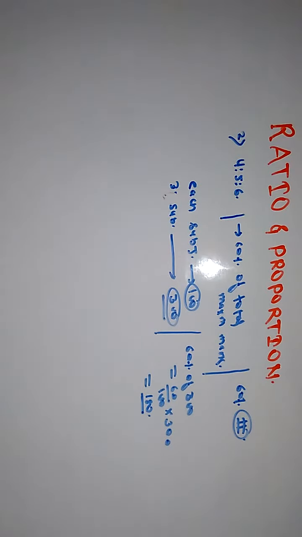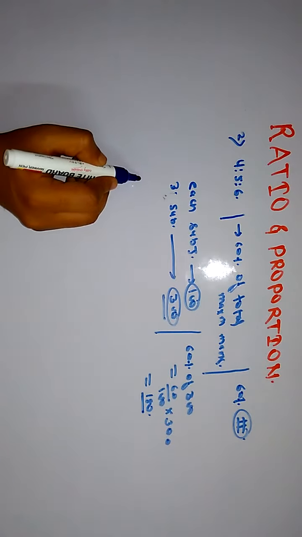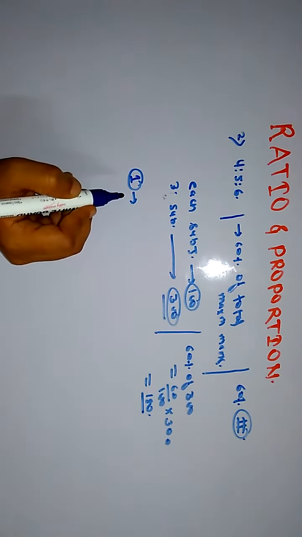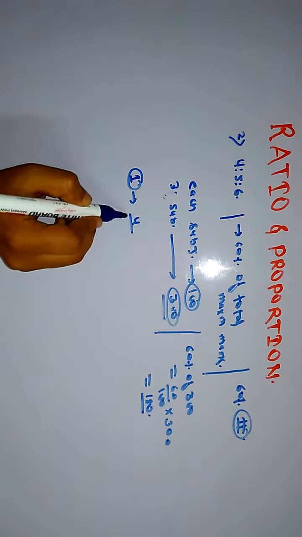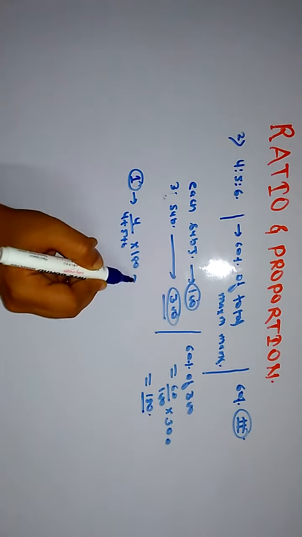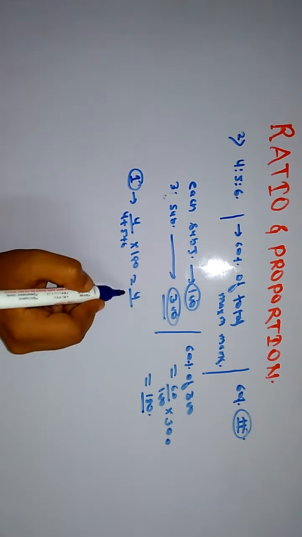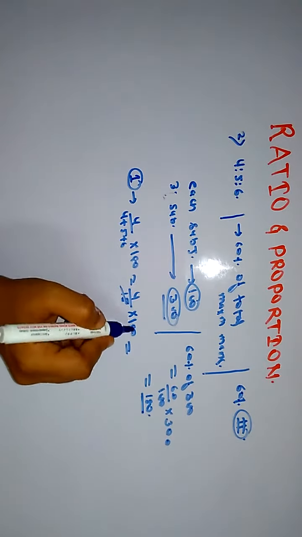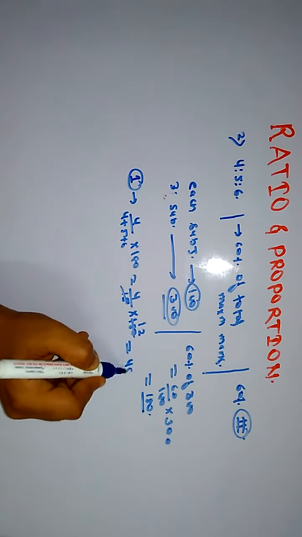Now in each subject: in the first subject he scores 4 upon 4 plus 5 plus 6 into 180, so 4 upon 15 into 180, which after cancelling gives 48 marks.